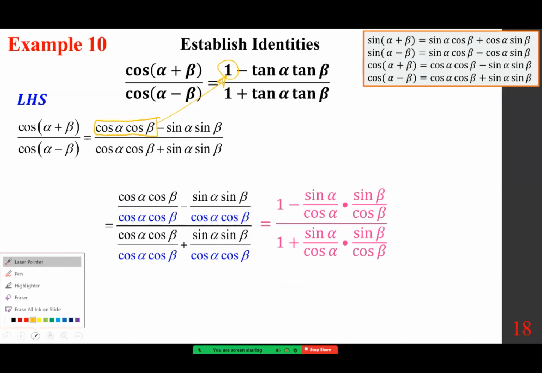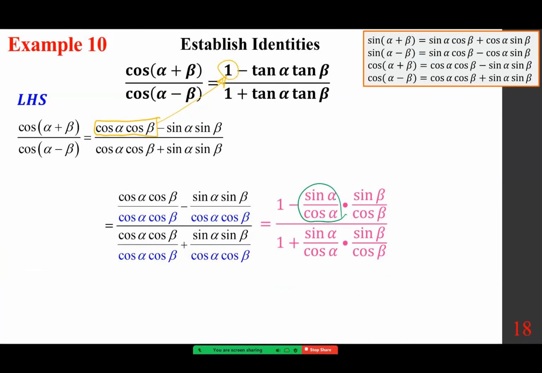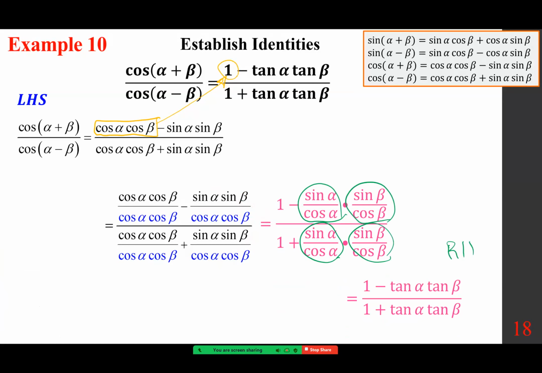And now clearly this one tan of alpha, this one tan of beta, same thing here tan of alpha, same thing here tan of beta, and that's the right-hand side, or RHS. Again, the shorthand notation, left-hand side, right-hand side. Okay, so we proved that, everybody.